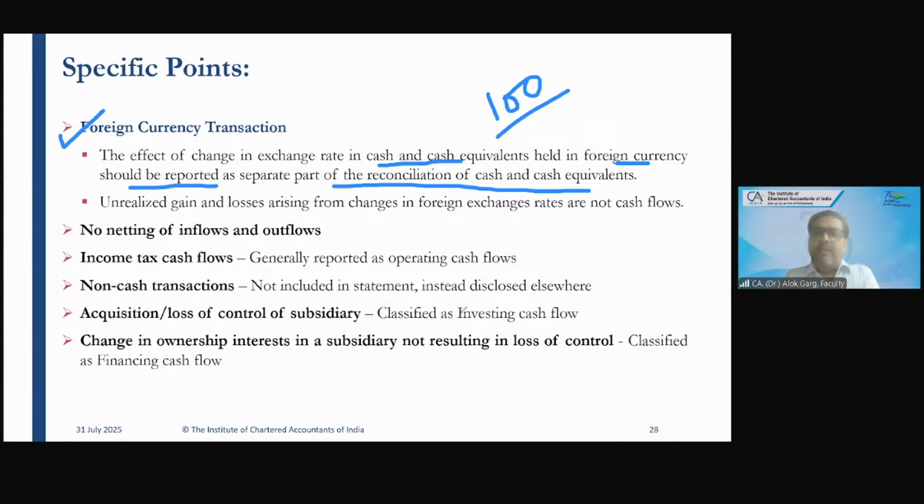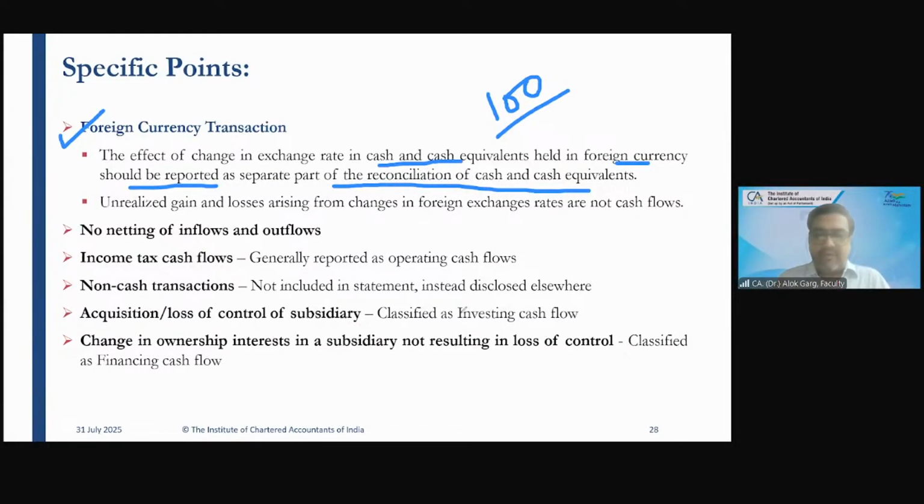Okay. But in the opening, the exchange rate was 80 rupee per dollar. So what is the INR value of this $100 in the opening? 8,000 rupees. In the closing, it becomes 85 rupees per dollar. What is the INR value? It will be 8,500.